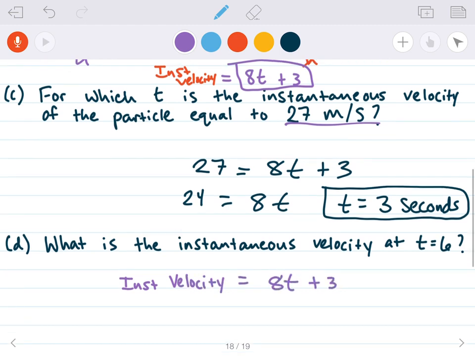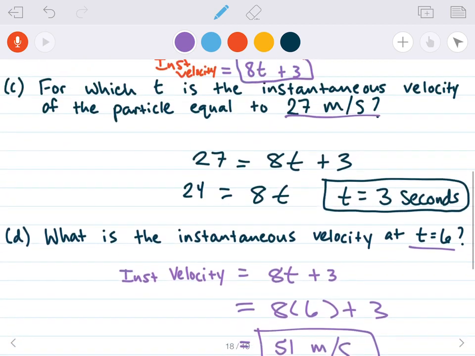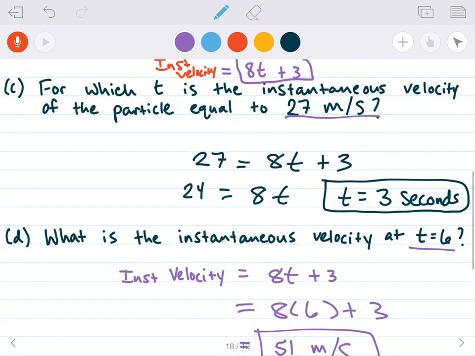And so all I have to do is plug in 6 here to get, what is that going to be? We have 51. So instantaneous velocity at 6 seconds is going to be 51 meters per second. And I think that is the last part of this lecture.